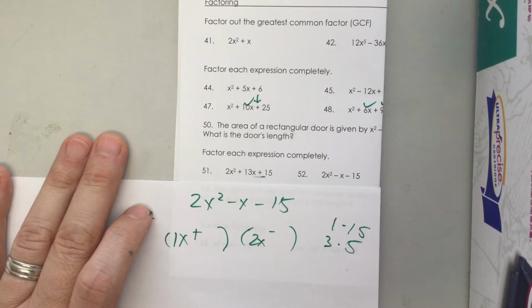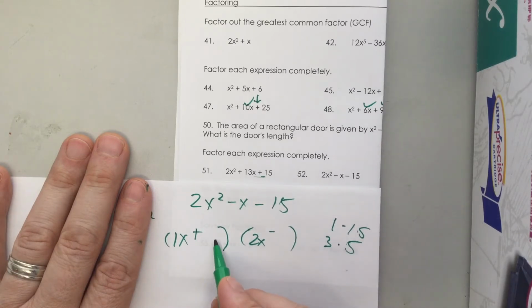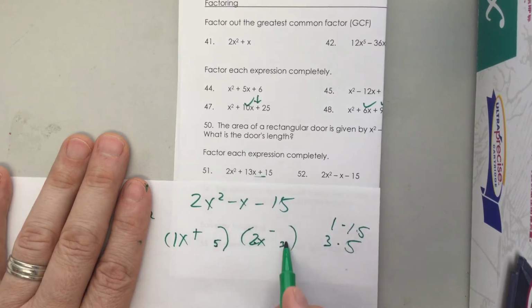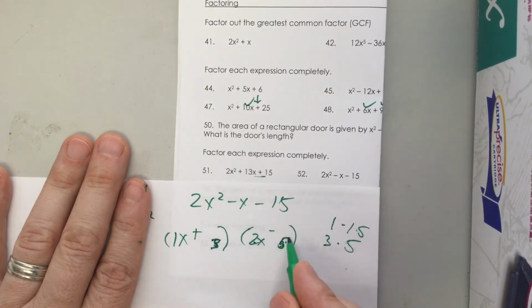Sometimes that's the best way. So let's see if I put a 5 here and a 3 here. 5 times 2 is 10, 3 times 1 is 3, and 10 minus 3 is 7. It's not going to give me the right number, right? So maybe I'll switch them. Put the 3 here and the 5 here.